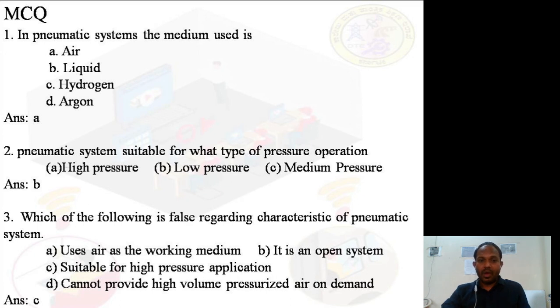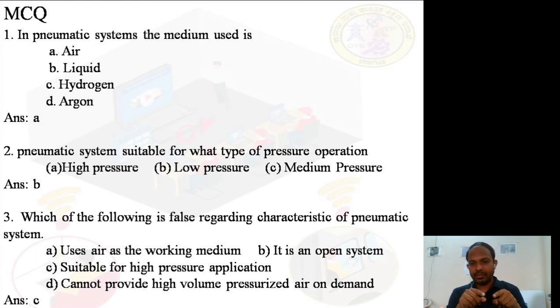Okay. Now, which of the following is false regarding the characteristics of the pneumatic system? It uses air as a working medium. Is it false? No, it is correct. It is an open system. Why is it an open system? If you take a hydraulic system, it takes oil from the source and gives the oil back to the source, that is, to the tank.